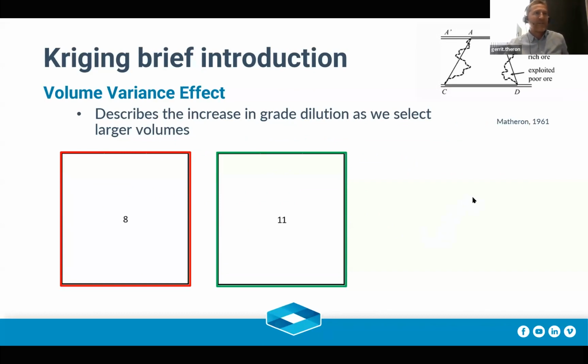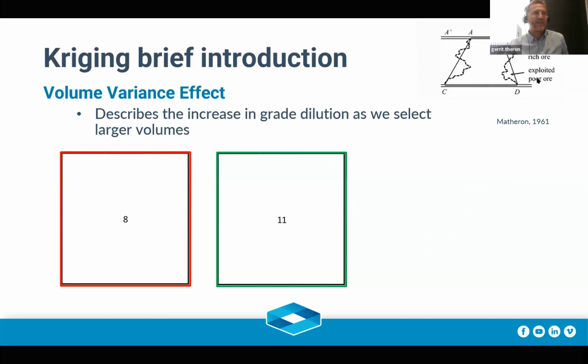Okay, so there's a nice image in Matheron's book, 1961, where it basically says if we sample development C to D and development A to B, they're at the top, and that was all high grade, and we decide to mine that trapezium panel, then we're not just going to get high grade, because the boundary between the rich ore and the poor ore is likely to have that dotted line signature like we see there.